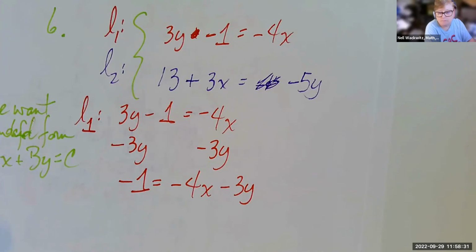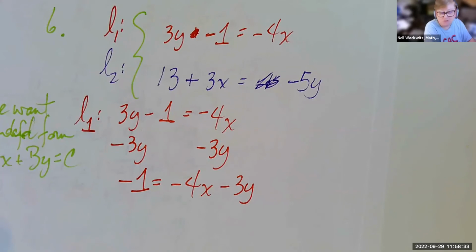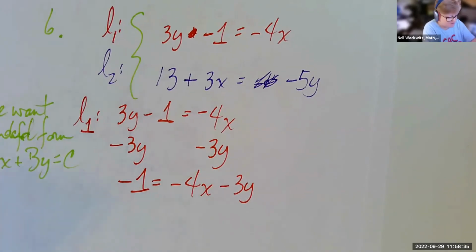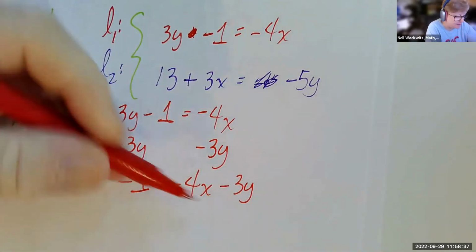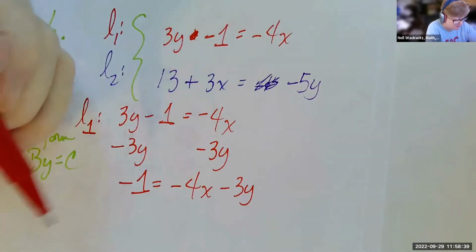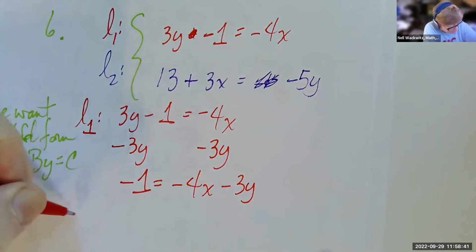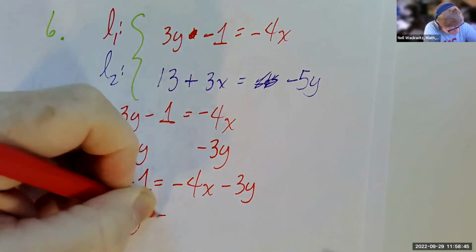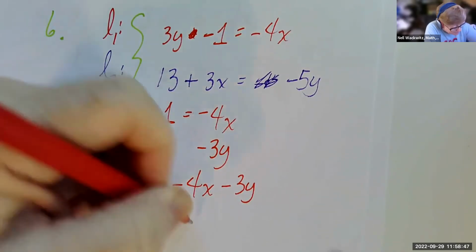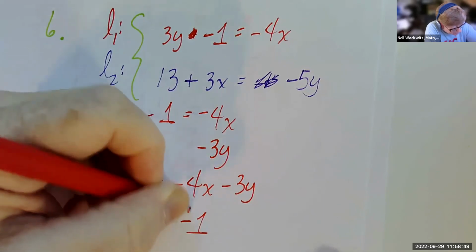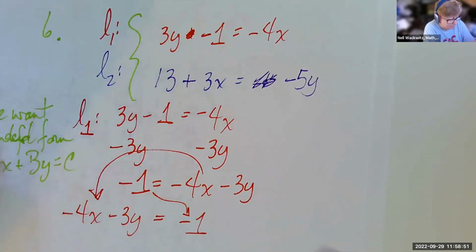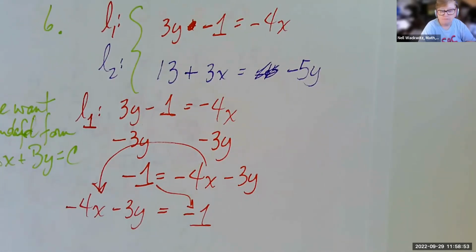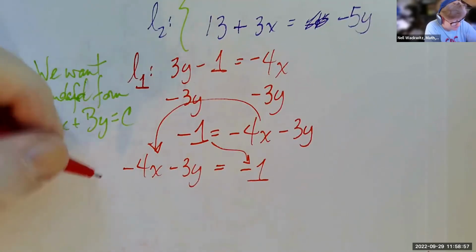Can you just flip it or no? Equals. It doesn't matter whether I put it to the right. So I'm going to move this whole thing onto the left. It was on the left, now to the right. Still equals. Now let's look at line 2.